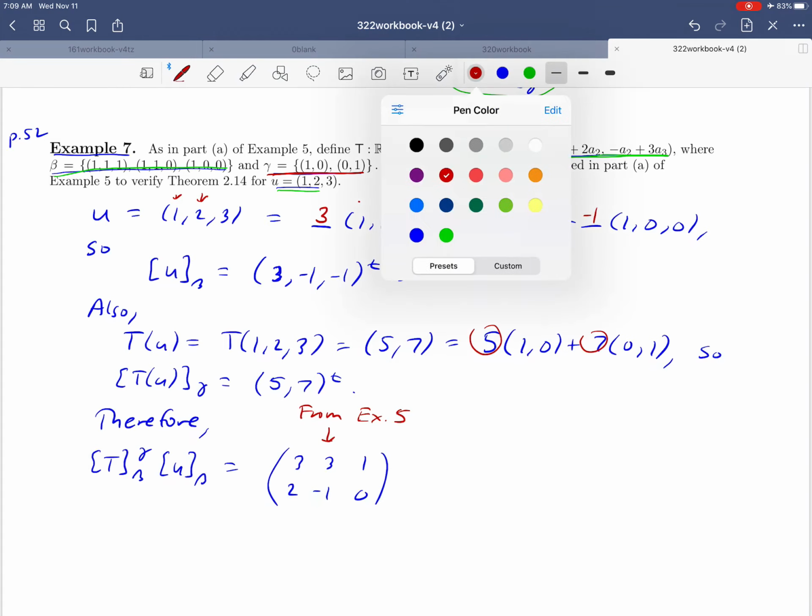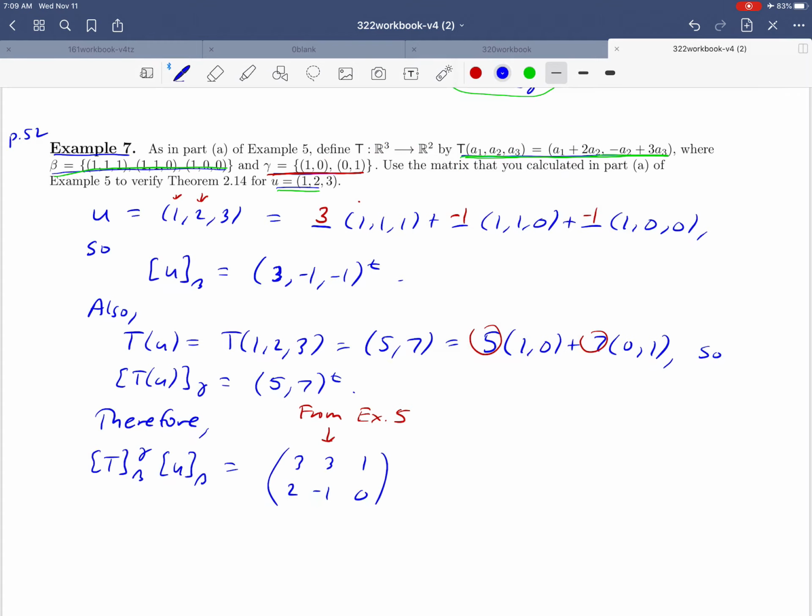We're going to take that and multiply it by u beta, which we calculated up here: 3, negative 1, negative 1. That's a matrix multiplication problem. If you just take the matrix on the left and multiply by the vector, you can confirm that you're going to get 5, 7.